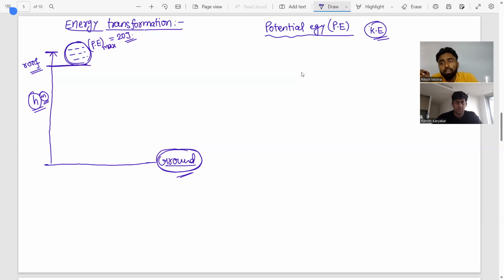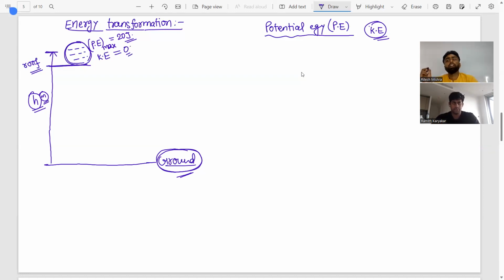If the body is moving, then kinetic energy comes. But here the balloon is stationary. It does not have a velocity, so the kinetic energy of this body at this position will be zero.